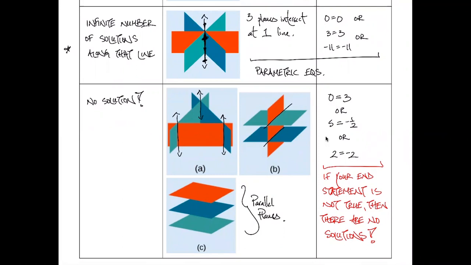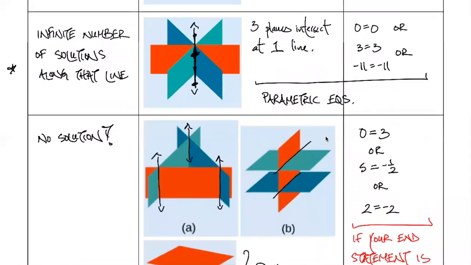What we're going to see for our problems is that at the end, we might solve our equations and end up with a true mathematical statement. Let me write that down over here. At the end, we should have a true math statement, like 0 equals 0, or 3 equals 3, or negative 11 equals negative 11, but whatever it is should be true.